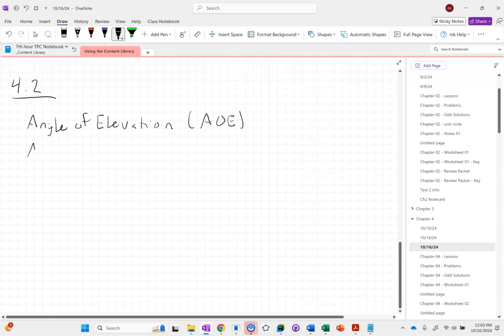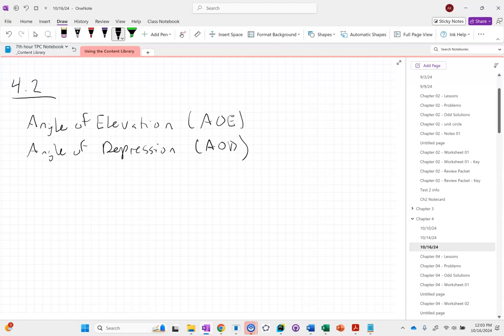The two terms that you need that are new from section 4.2 are angle of elevation and angle of depression. I'm not going to define what these things mean verbally because that's not how we're going to use them.